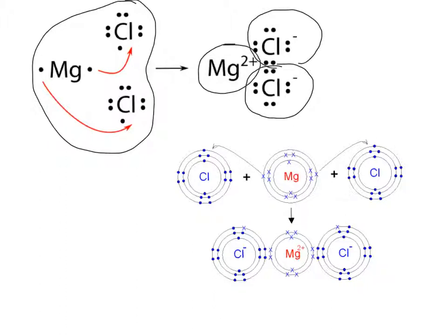Because remember, each atom gained only 1 electron. It's charge per atom. Here's another picture down below, and you can see that each chlorine atom gained 1 electron, so it's negatively charged, or -1 charge, where each atom of magnesium, which is only 1 in this case, has a 2 positive charge, or 2 plus.